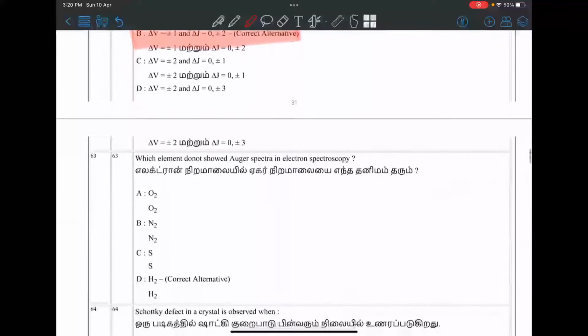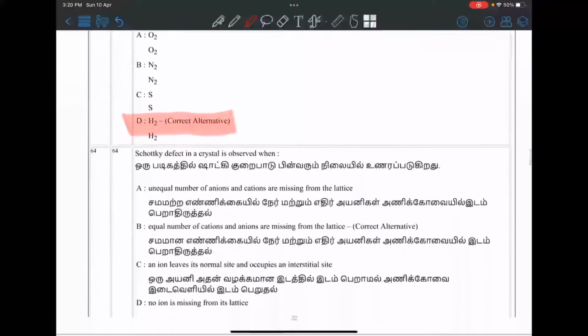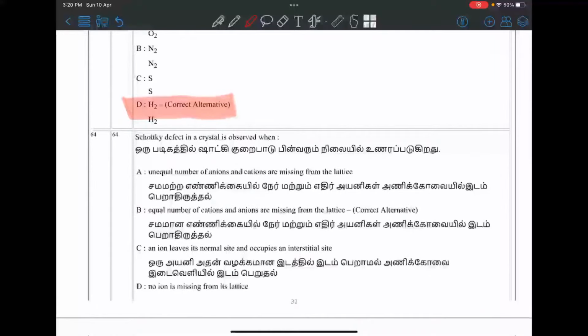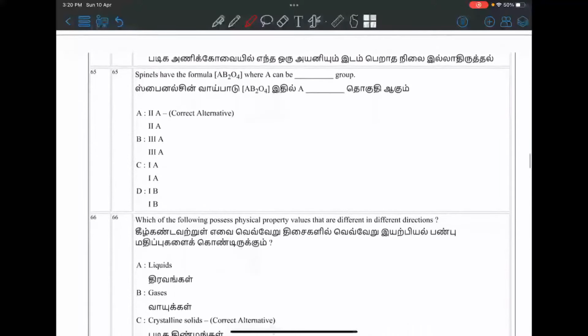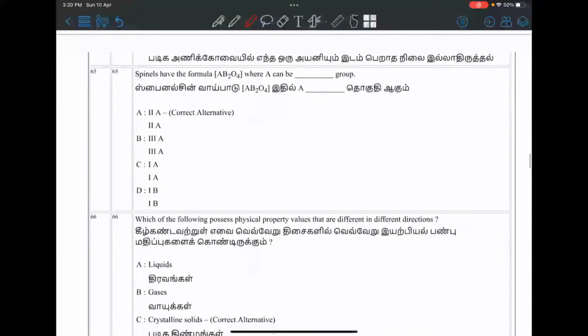Next one, which element does not show Auger spectra in electron spectroscopy? H2. Schottky defect in a crystal is observed when, option B, equal number of cations and anions are missing from the lattice. Spinels have the formula AB2O4 where A can be 2A.